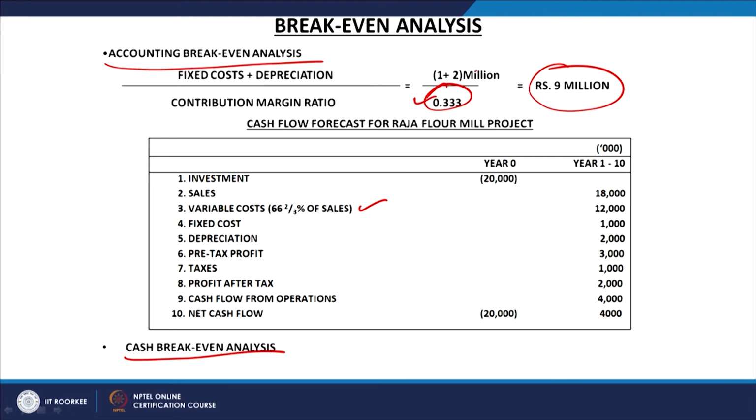In the numerator we have taken the fixed cost and depreciation. The fixed cost given here is 1 million and depreciation is 2 million, so this becomes 3 million. So, 3 million divided by the contribution margin ratio of 0.333 is equal to 9 million rupees. It means your break even sales are 9 millions.